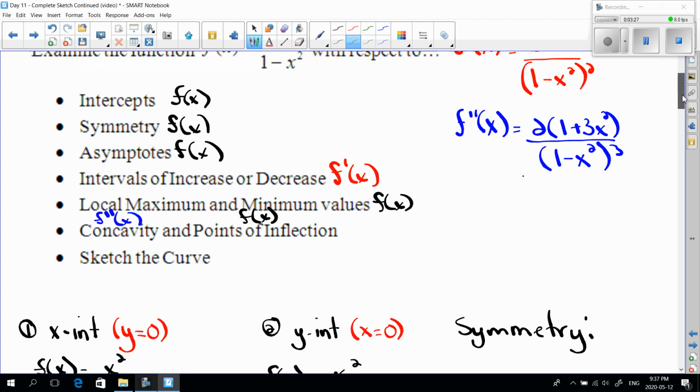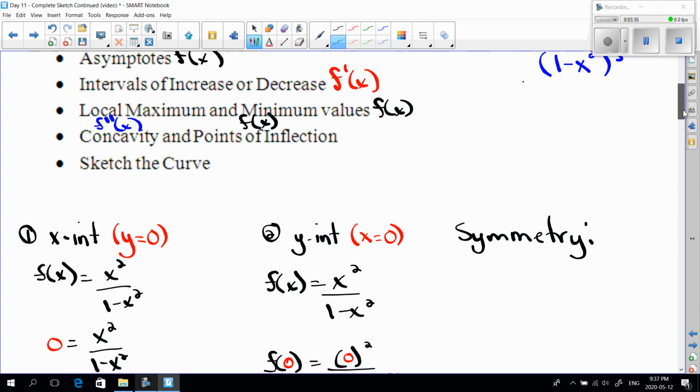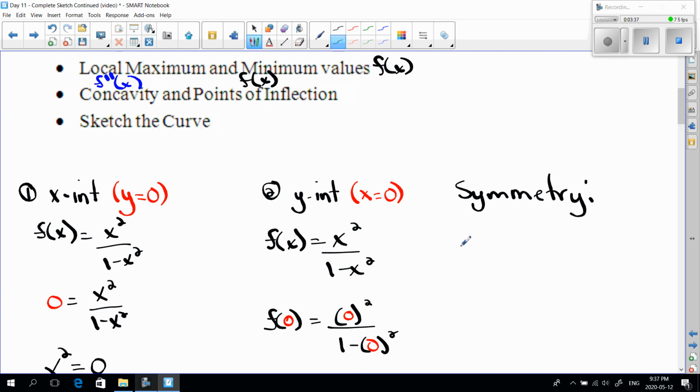Next thing I want to do, so I can check this off the list, is to find the symmetry. And remember from our previous video, the test for symmetry is to take your f of x equation and you're going to replace all of the x's with a negative x.